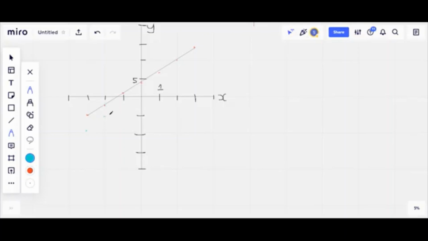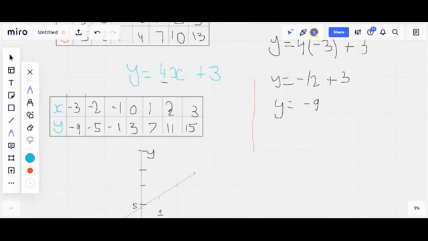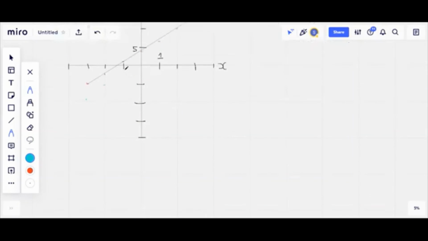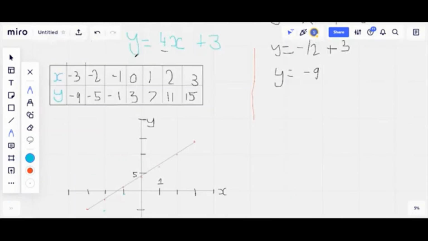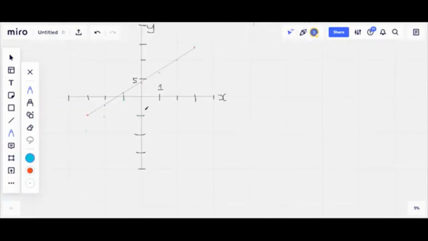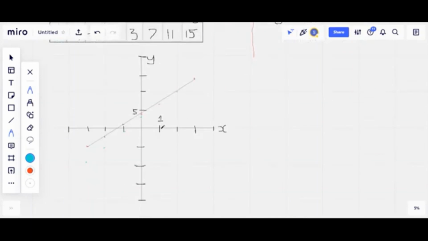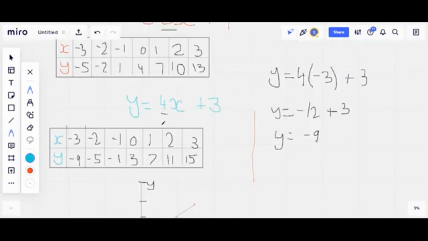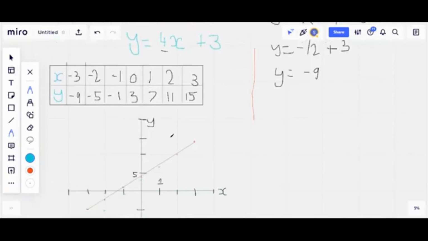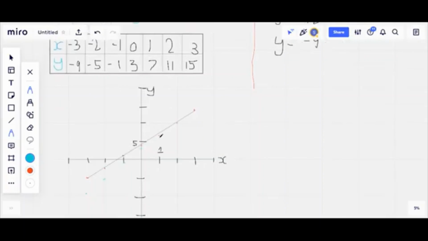Should be in line with this line there. -1 and -1. 0 and 3. 1 and 7. So if we have a look here, 1 and 7 is in both. So that is going to be our point of intersection. So that should actually lie on the other graph here.